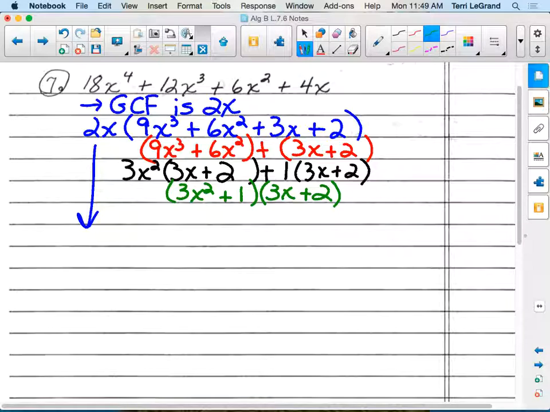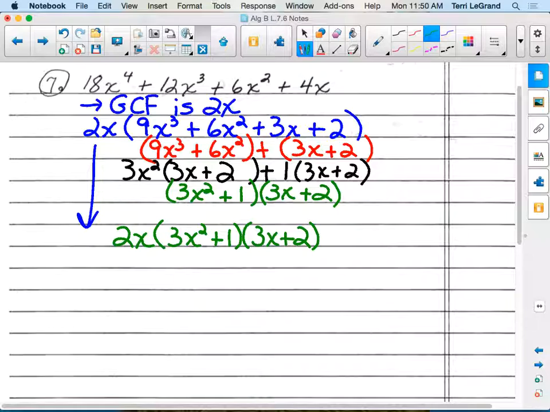Okay? And now, we're going to say, but 2x is going to come along, right? It's part of the name. So our final answer is 2x times 3x squared plus 1 times 3x plus 2.